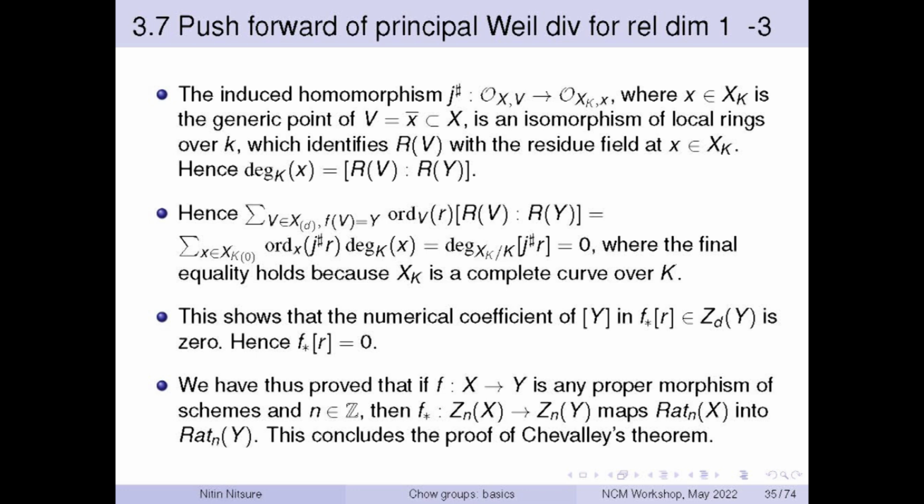And so, if I have a proper morphism of schemes, it maps Rat X into Rat Y. This was the remaining case, codimension 1, relative dimension 1. Earlier we talked of relative dimension 0, and before that we talked of relative dimension 2 or more, where it was trivially 0. So we have covered all the cases, and we have shown that rational equivalence is preserved under proper direct image of cycles.